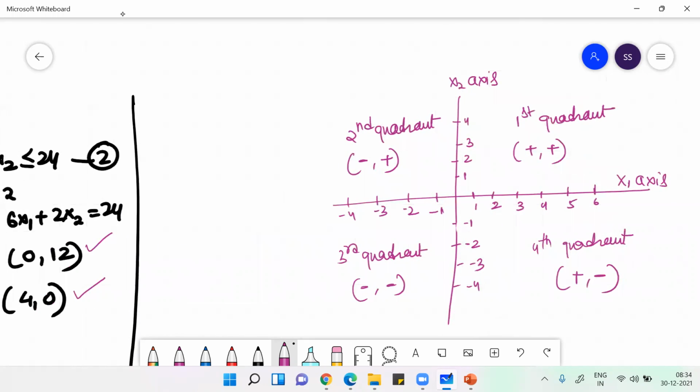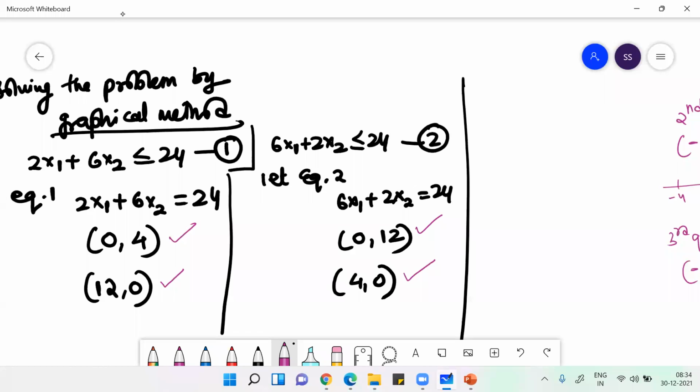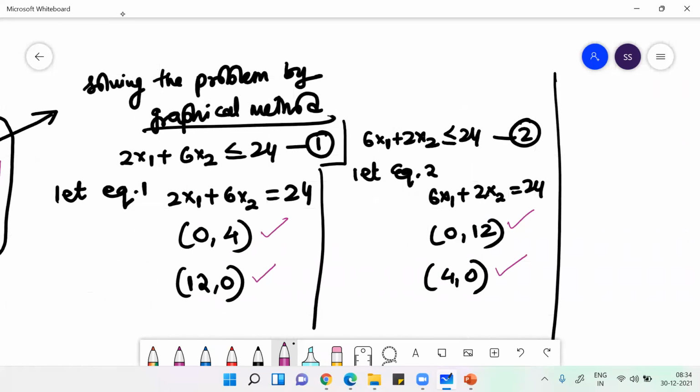Clear, everyone? And you can see, all the x1, x2 you're getting are positive here.